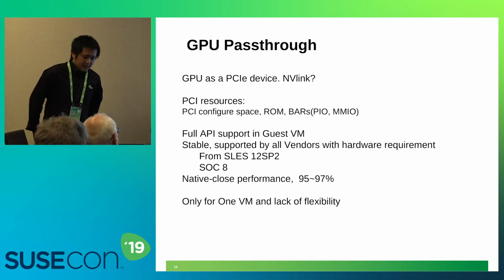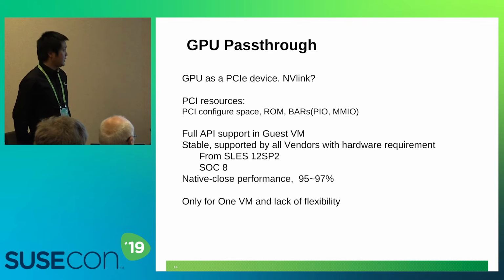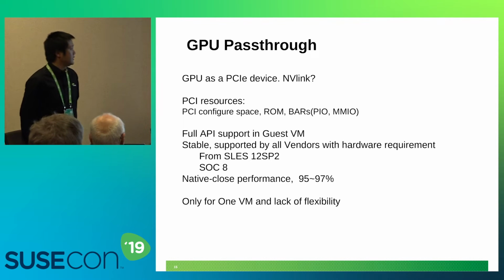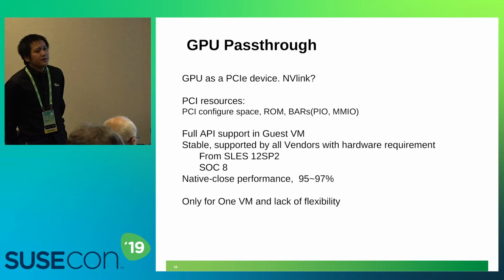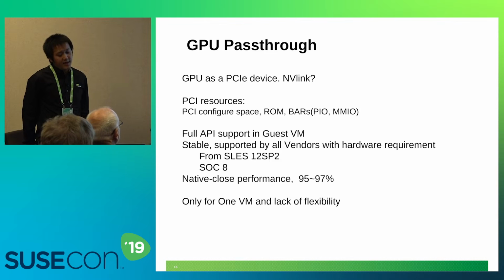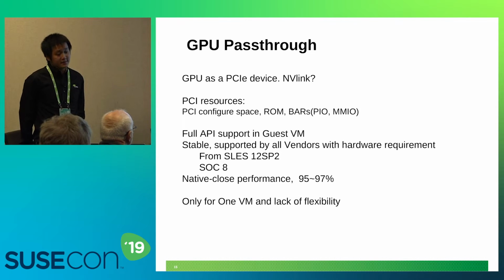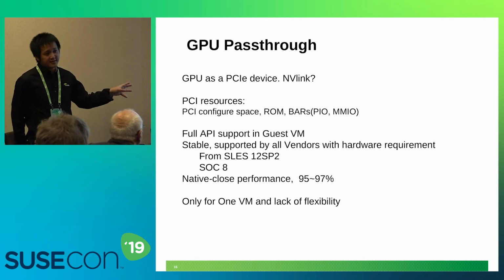And the GPU part, just like I said, is good and a little bit bad. From SUSE, we actually already support it from 12 SP2. And I think Cloud SOC 8 also supports it now. And one thing I left out, it has good performance.